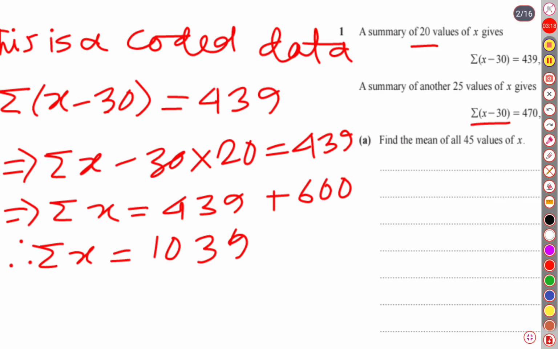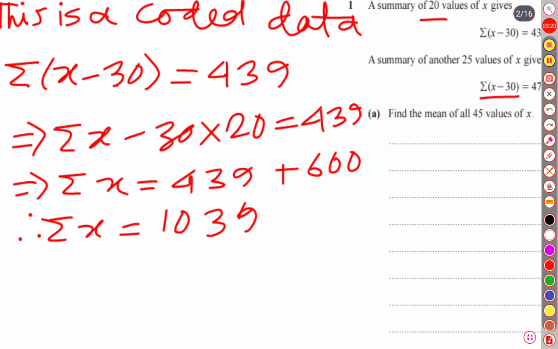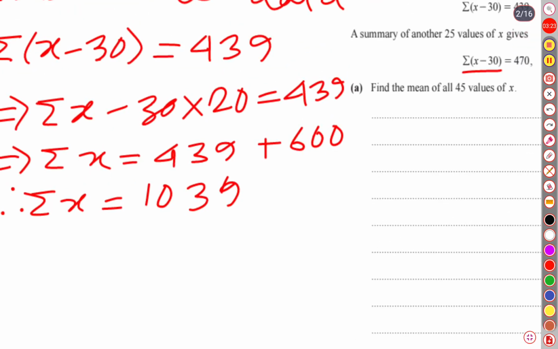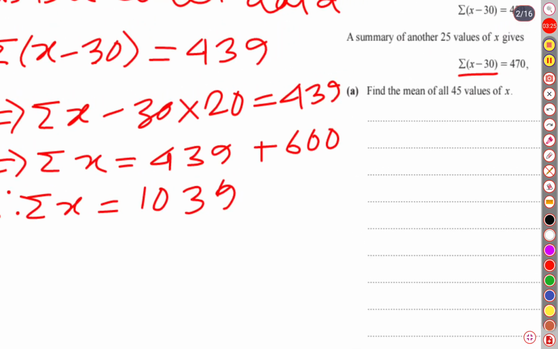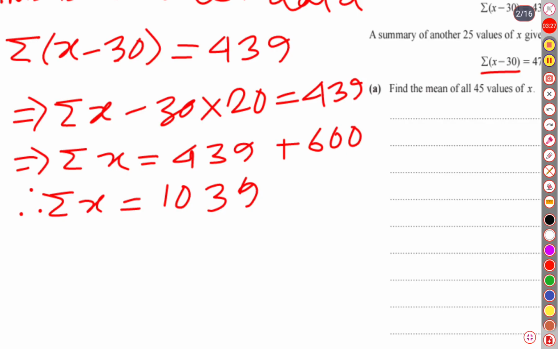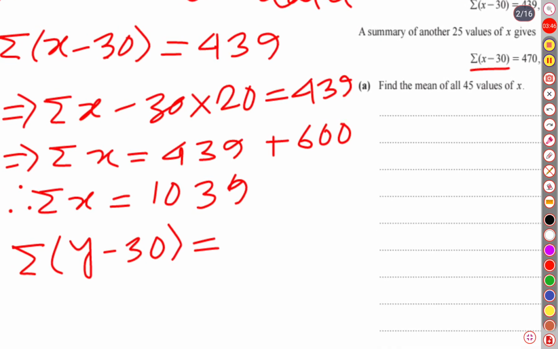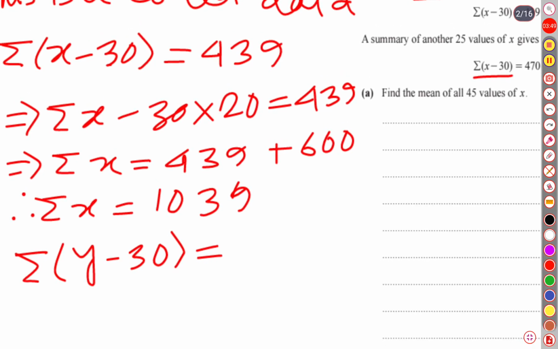Similarly, we can simplify the second data. Let me write y minus 30 for the second summation, because we have already used x, otherwise it may get confused. Sum of (y minus 30) is given as 470.